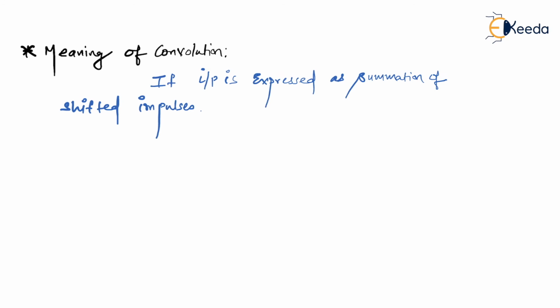As I said, the meaning of convolution is that the input is expressed as a summation of shifted impulses. If you remember, we have expressed our x of n as summation k varied from minus infinity to plus infinity, x of k del of n minus k. This is how we expressed our input x of n as a summation of shifted input impulses.